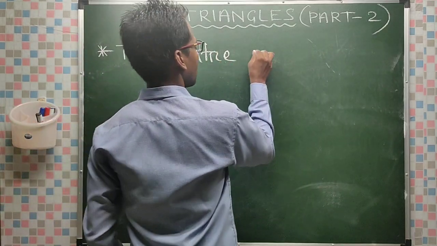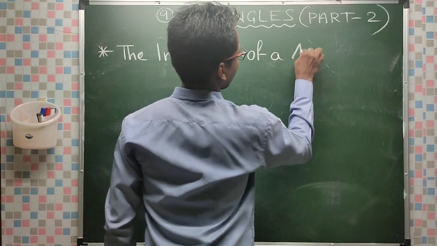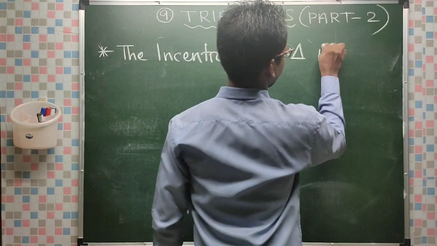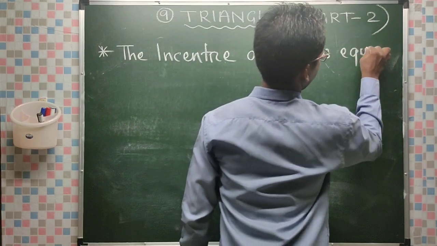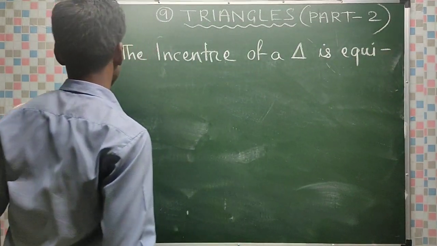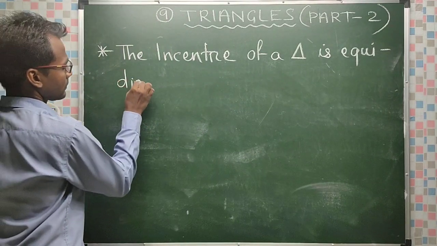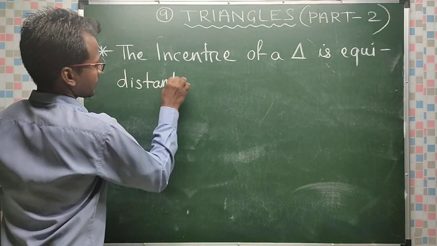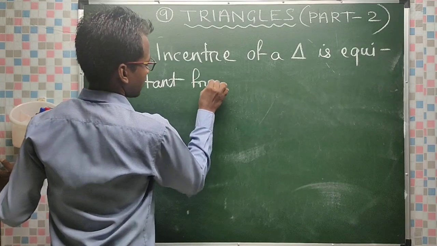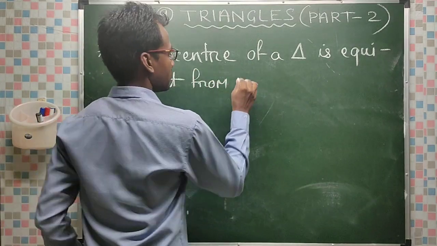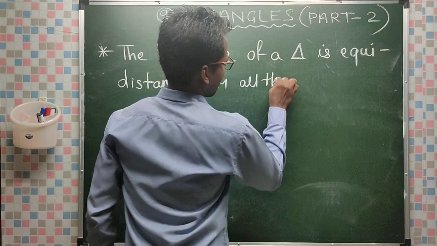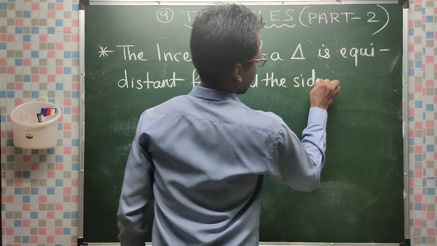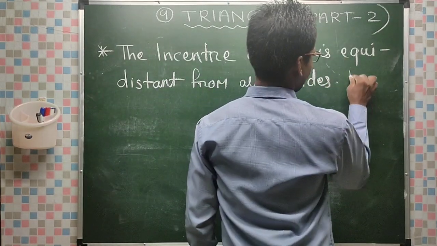The incenter of a triangle is equidistant from all the sides.